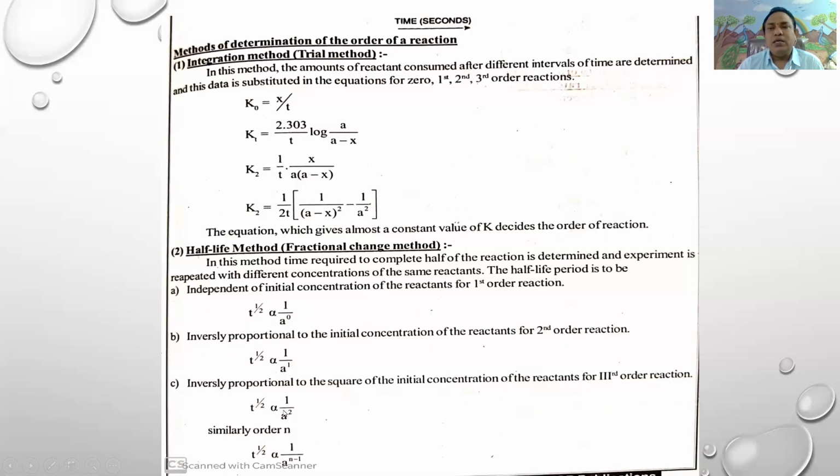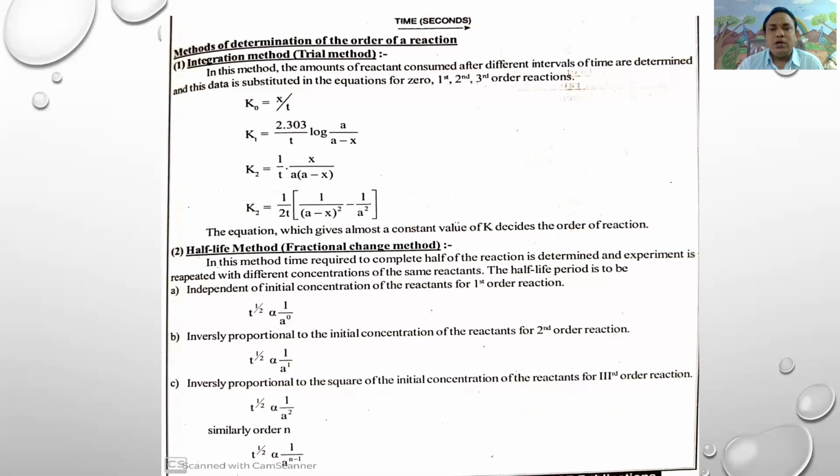Here, based on these four equations: zero order half-life period, t1/2, is directly proportional to a; first order half-life period is independent of initial concentration of the reactants; second order half-life period is inversely proportional to initial concentration; third order half-life period is inversely proportional to the square of the initial concentration of the reactants.